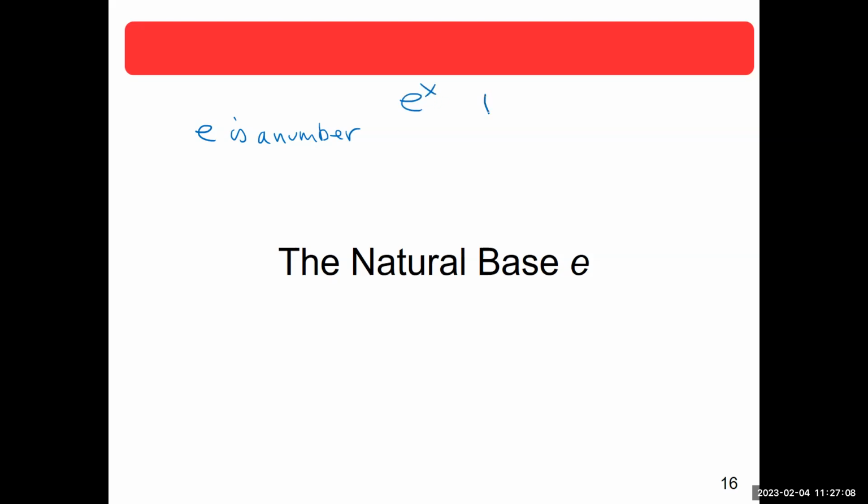If you put 1 and push e to power x, you're going to get the answer e equal 2.71 and so on. There are about 7-8 digits. Normally 2.71 is good enough for hand calculation, but on the calculator you can get the exact answer.